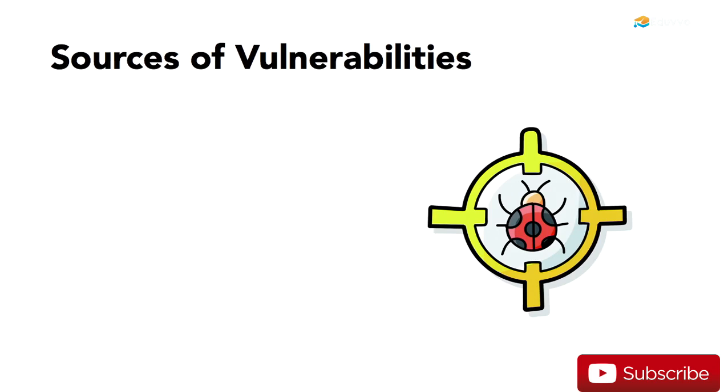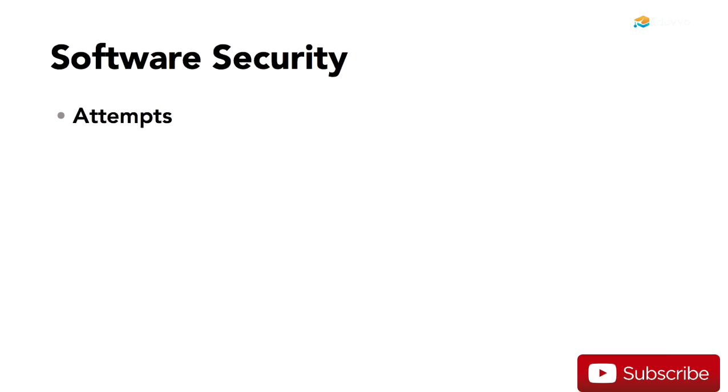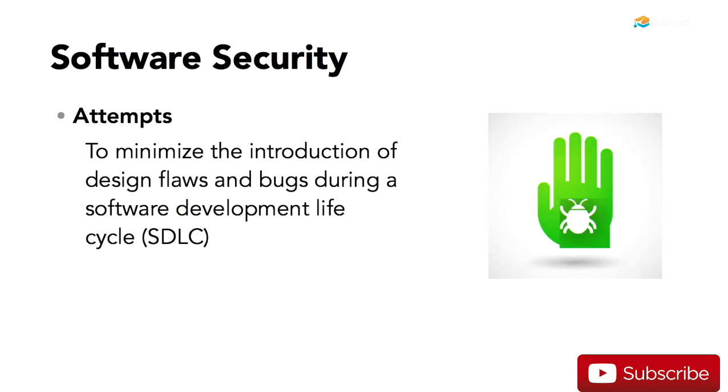Vulnerabilities in software arise mainly due to design flaws or coding errors, also called bugs. Therefore, software security is an attempt to minimize the introduction of design flaws and bugs during a software development lifecycle, or SDLC. Software security is primarily about preventing artificial security threats instead of those naturally occurring.